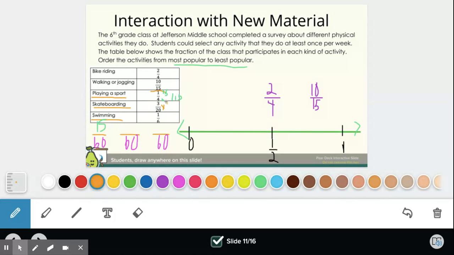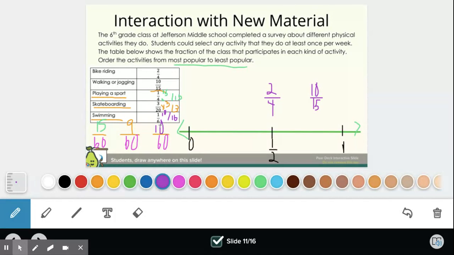So I'm going to multiply the 3 over 20 by 3 over 3, and 3 times 3 is 9. Okay, and then my last fraction is 1 over 6, and 6 will multiply into 60 if I multiply it by 10. So I'm going to multiply this fraction with 10 over 10, and 1 times 10 is 10.